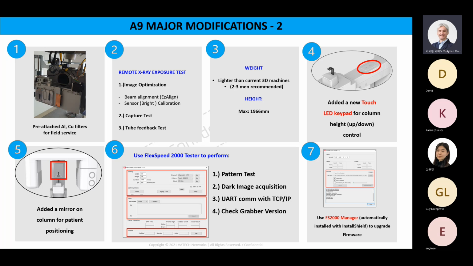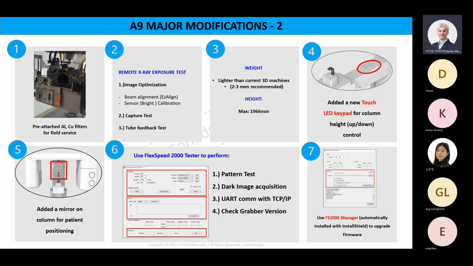So probably we recommend the more the better actually, but well, 2 strong men and 3 men can handle this product. And the height is 1966 millimeters. It's quite tall, like other 3D models of VATECH.